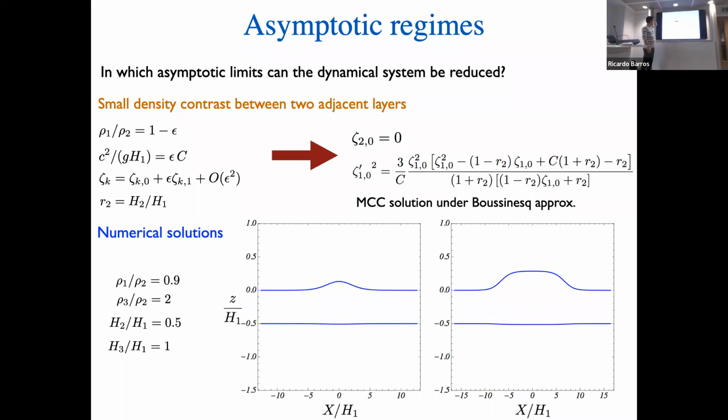So this is one of the features, and then we can actually go back to the model, the fully coupled system of ODEs, and retrieve this. For example, this is me setting the ratio between the top layers to 0.9 and the ratio between the 2 lower layers to 2. So there's a big jump here.